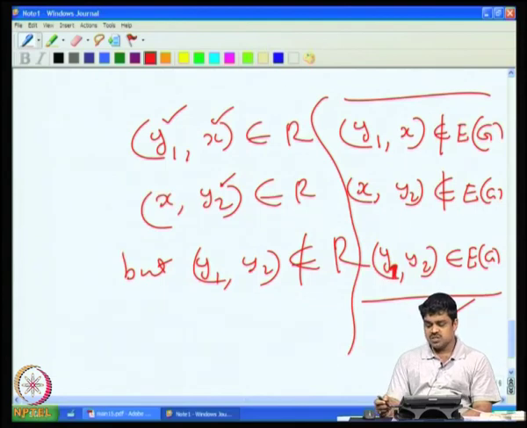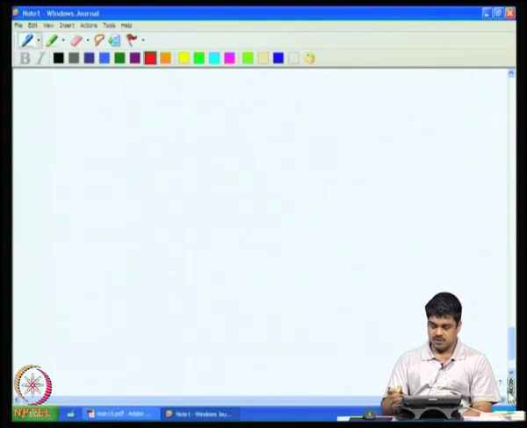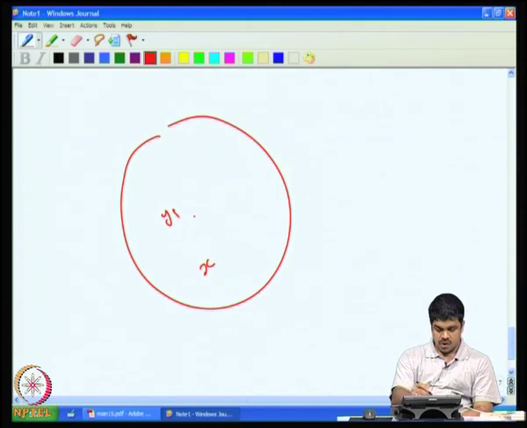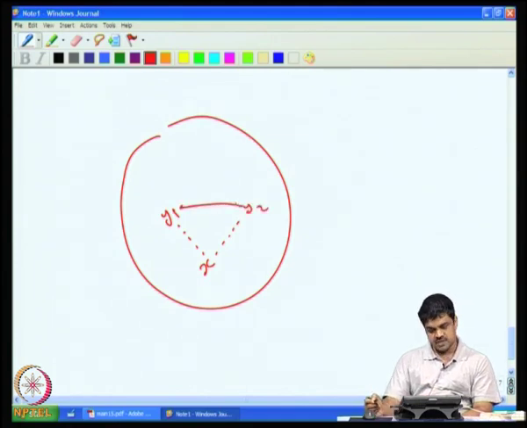So, if such 3 vertices are available, let us put it like this. Suppose this is my x, and we have y1. This is non-adjacent, x y2 is non-adjacent, and this is adjacent. This is the way the graph is.